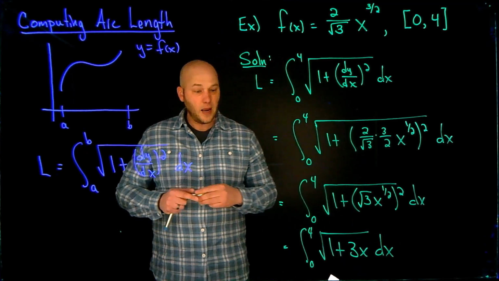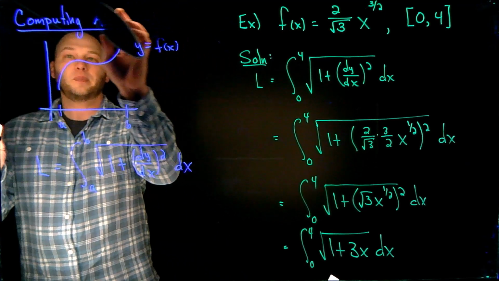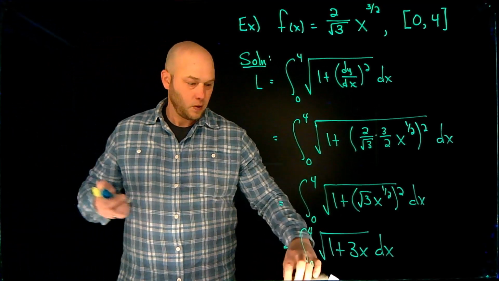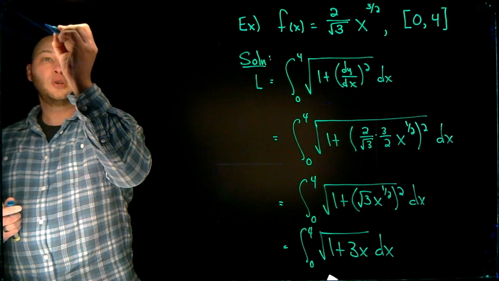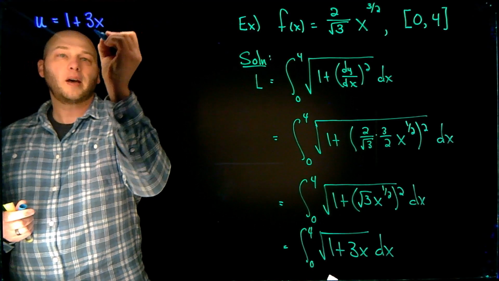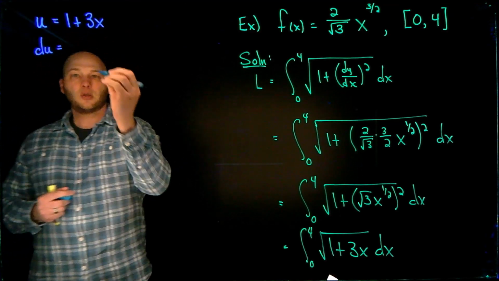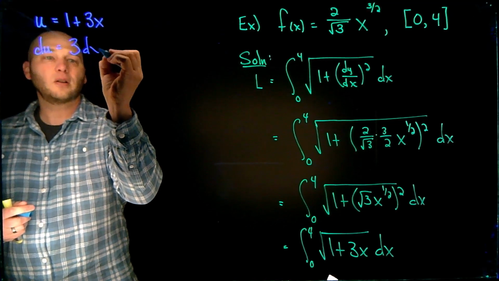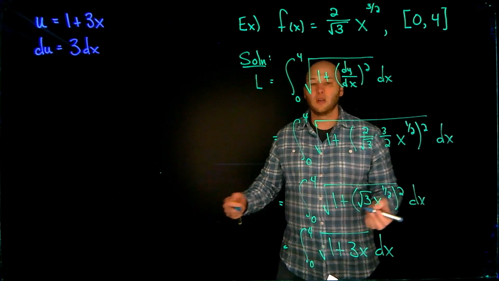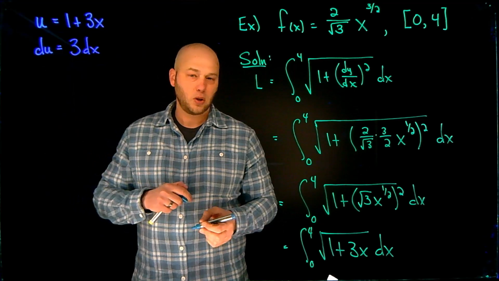If you want, you can use a u substitution on this, so let's do that. u is the inside function, so 1 plus 3x. My differential with respect to u would be 3 dx. Let's also change the limits of integration. The original limits are related to the original variable x, but if I'm going to switch to the variable u, we have to switch those as well.